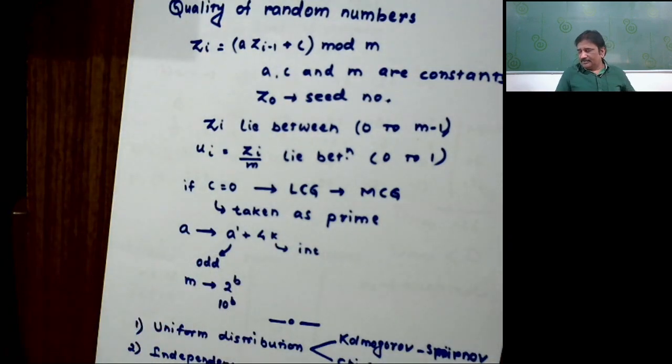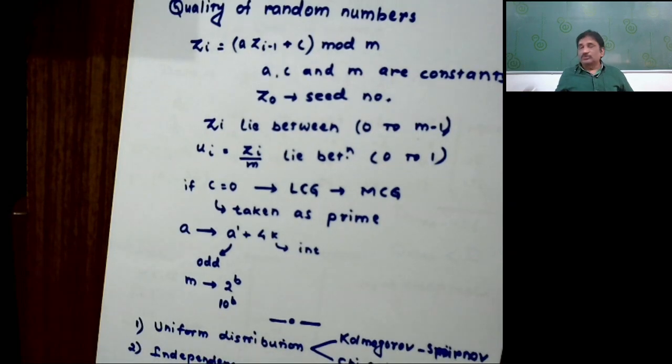For example, suppose humanly I was required to find the remainder, and my divisor is 10 to the power b. Suppose I divide 1197 by 100, then the remainder will be the last two digits, that is 97.